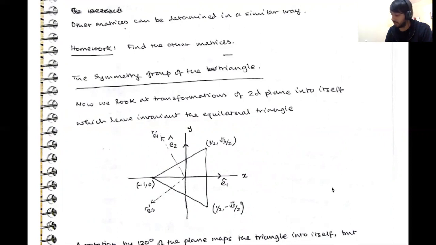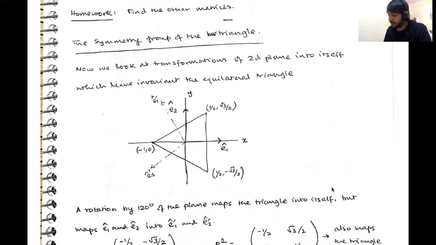What is 120 degrees? That is just 2 pi by 3. So this is what is going to keep the triangle the same. You can rotate it around and so on, and ultimately it gets back here again. So the triangle goes into itself. If you rotate the system by 120 degrees, it stays the same.